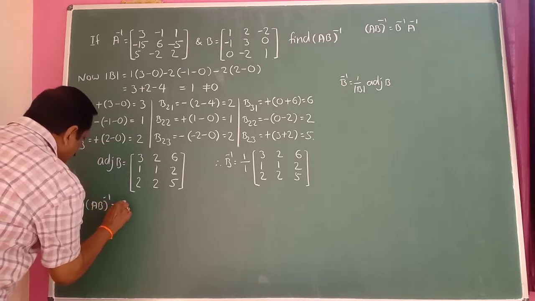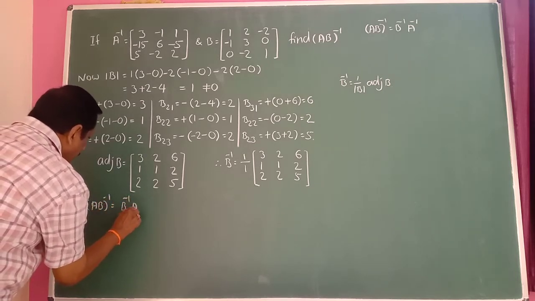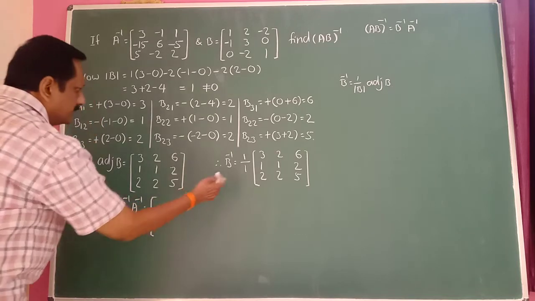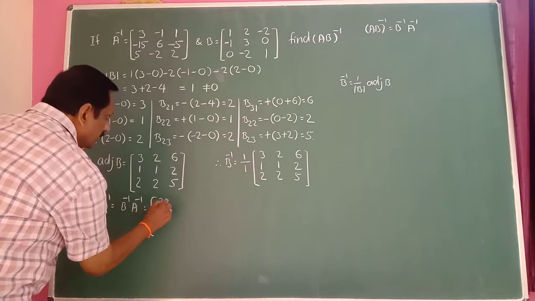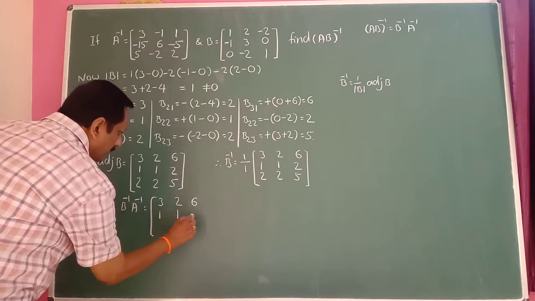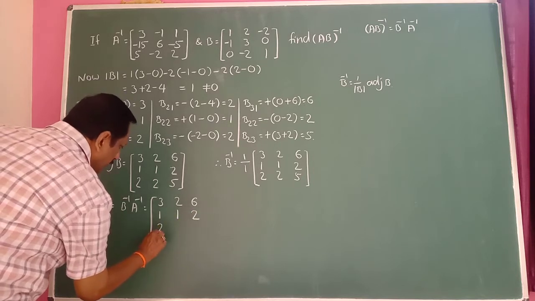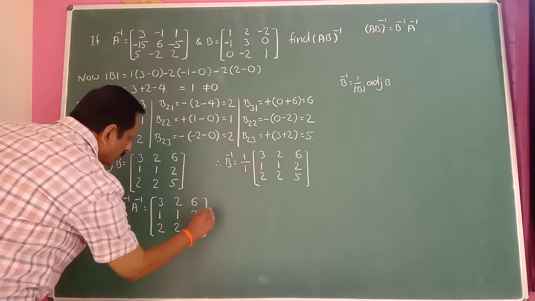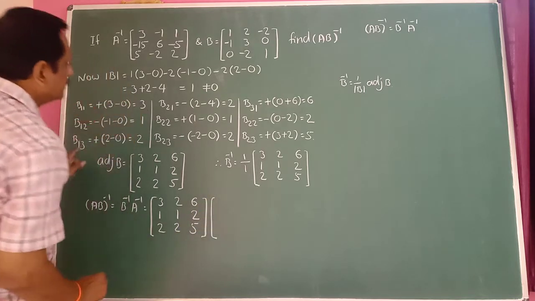Okay. Therefore AB inverse is equal to B inverse into A inverse here. Here B inverse is this matrix: 3 2 6, 1 1 and 2 here, then 2 2 5, into A inverse, this matrix here.